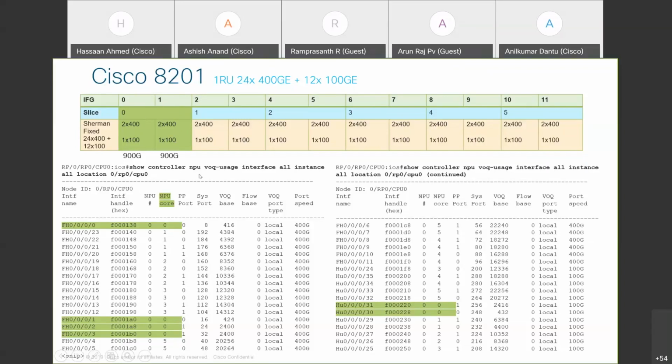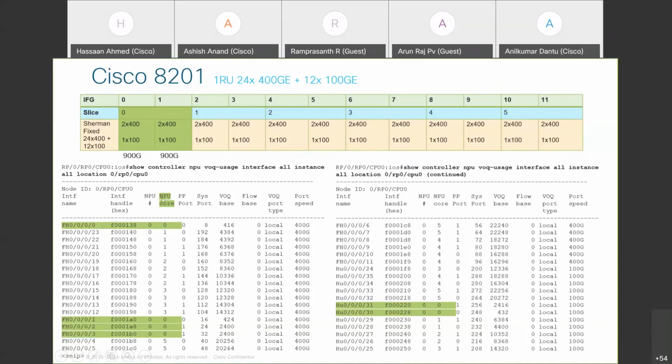Now, if you do show controller NPU VOQ usage interface all instance all location for the RP. Now, this is a fixed system, so you can treat it as RP. There, if you see, each of these interfaces would be allocated to NPU 0 because it is a single NPU system, so you will have only NPU 0. All interfaces would be part of NPU 0.